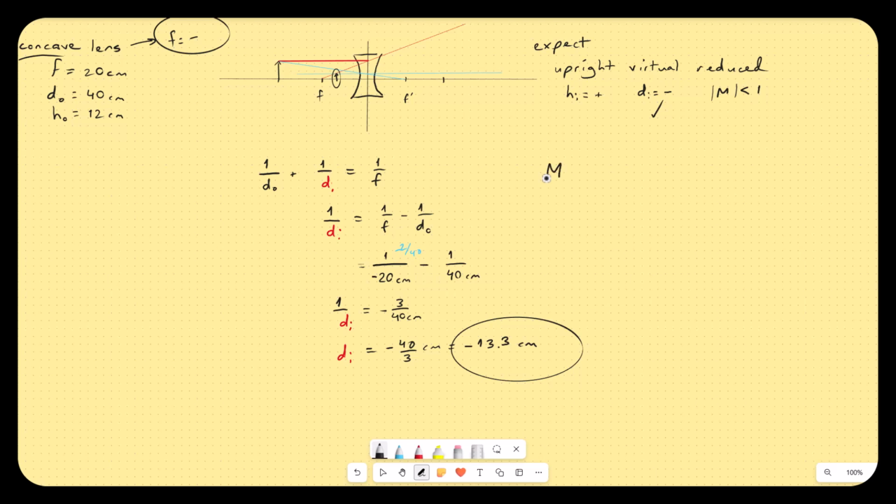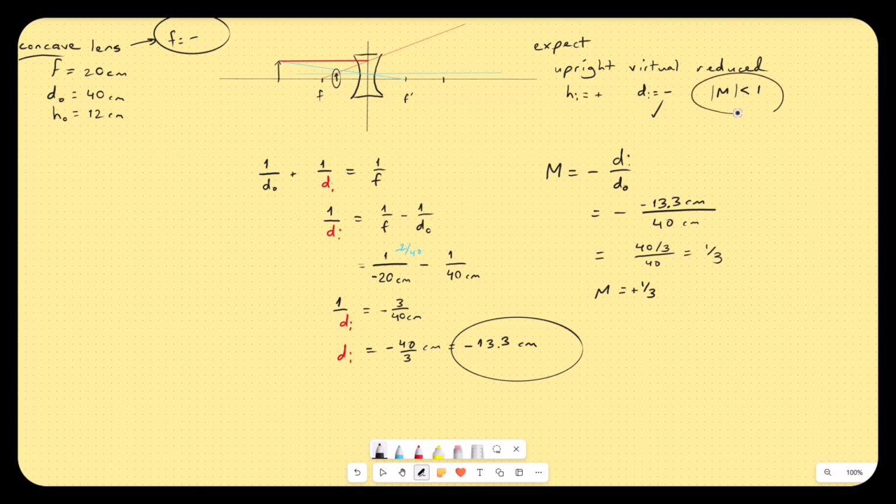Now let's see, my magnification is negative di over do, which is negative 13.3 over 40. The negative and negative cancel. This is 40 over 3 divided by 40, which is 1/3. So I'm going to get a magnification of positive 1/3.